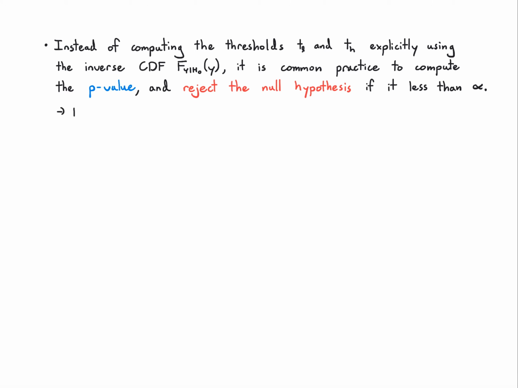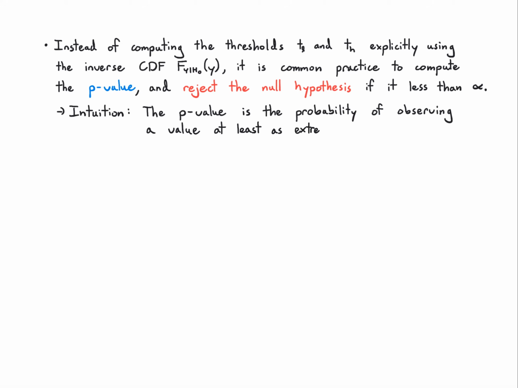So the intuition here is the p-value. That's going to be the probability of observing a value at least as extreme as the observation that you've gotten under the assumption that the null hypothesis is actually true. So what you're doing here is you're saying, I've observed y, and now I'm going to give the null hypothesis the benefit of the doubt and say that it's true.